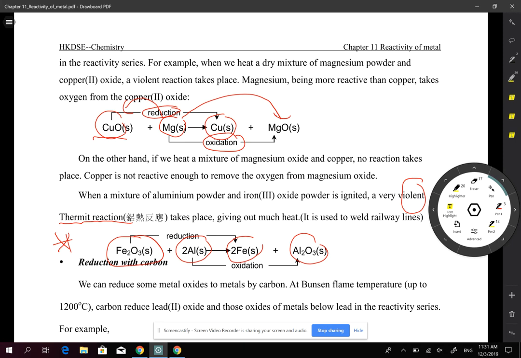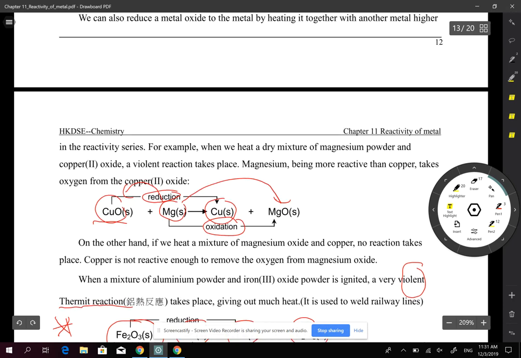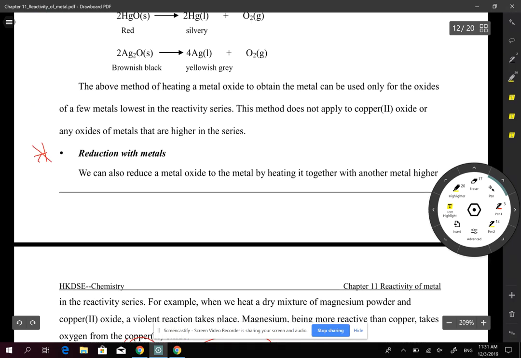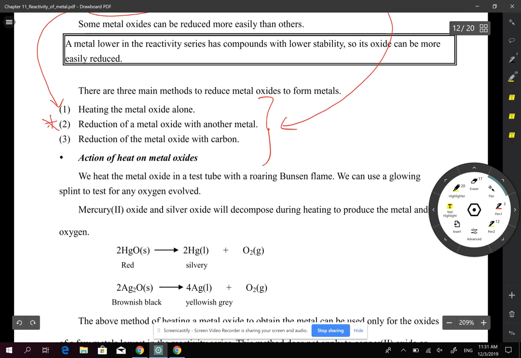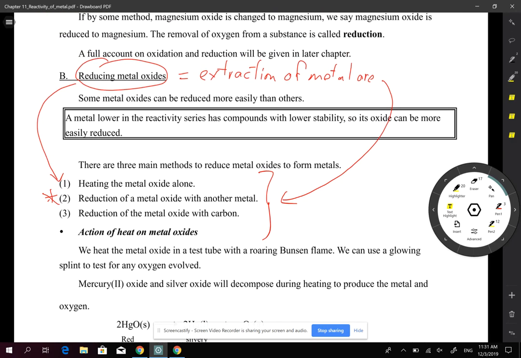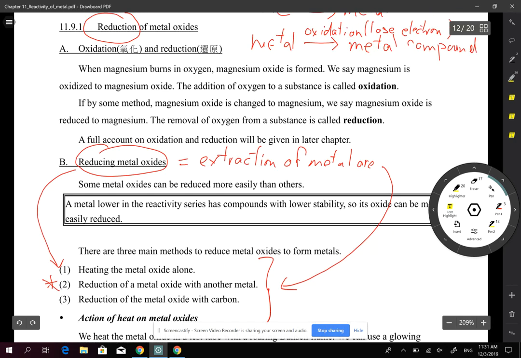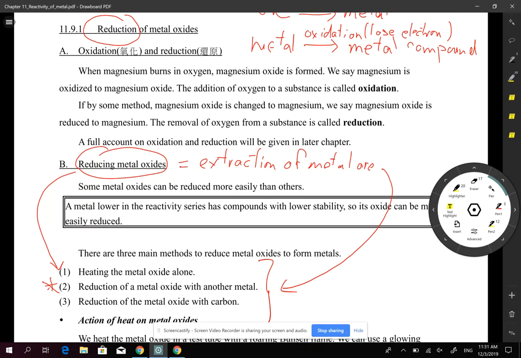But the basic concept of reduction is that when a metal oxide is returned back into metal, we call it reduction. It is the origin of where reduction comes from. And of course, when metal reacts with oxygen and becomes metal oxide, it is called oxidation. Okay, we have introduced these two terms.